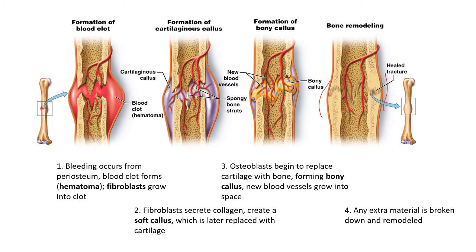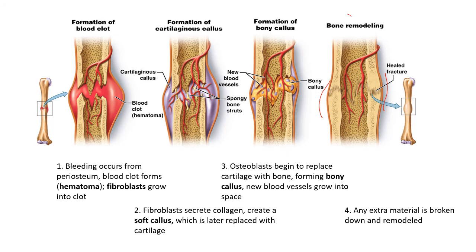My husband, for example, had a complete break of his collarbone when he was a kid, and the doctor couldn't really align it as well as he wanted just because of all the muscles that pull on your collarbone, so he has a bump that you can feel. So that can happen sometimes, but if the break's not too bad, you shouldn't have much of a mark where that bone was healed. So eventually, during this remodeling process, extra material can be broken down and remodeled so that you have a bone that is just as strong as it was before it was broken.